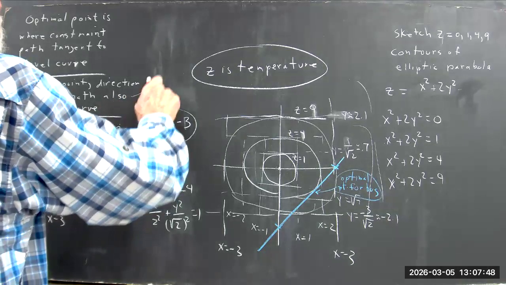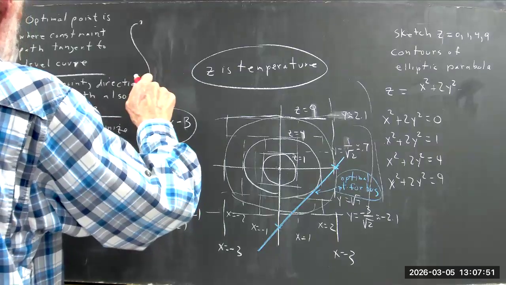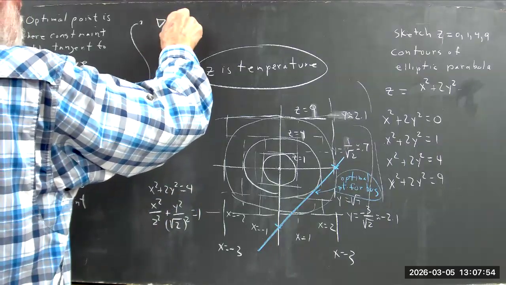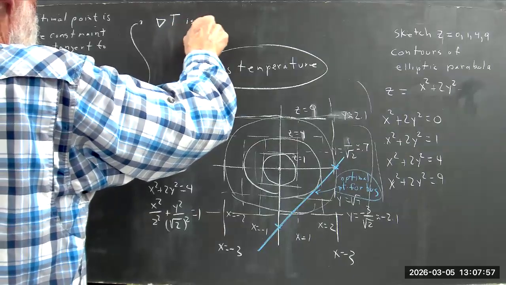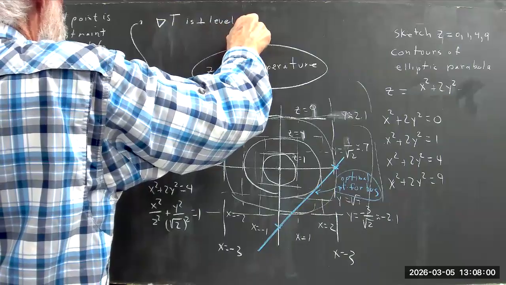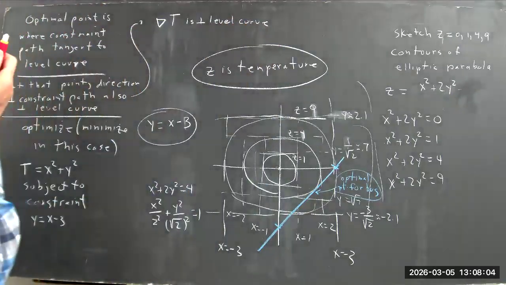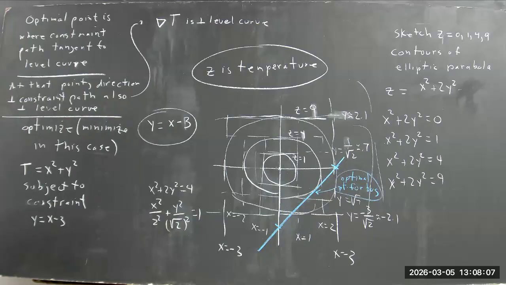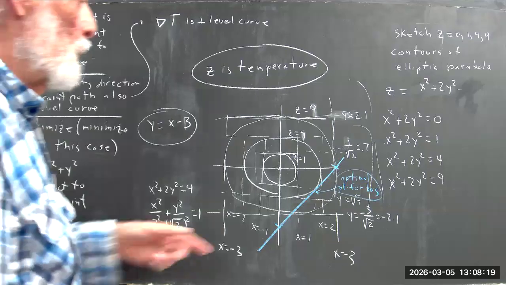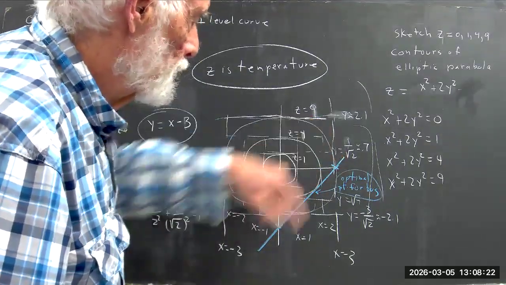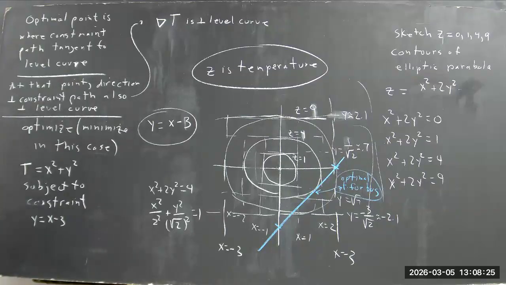Now, in this case, and I'll do this case before I do the general case, what's perpendicular to this straight line? What's the direction perpendicular to the straight line?